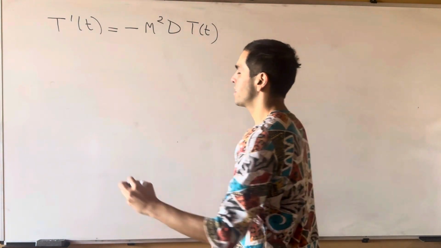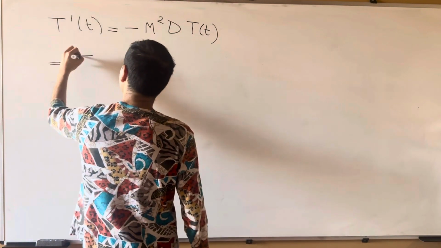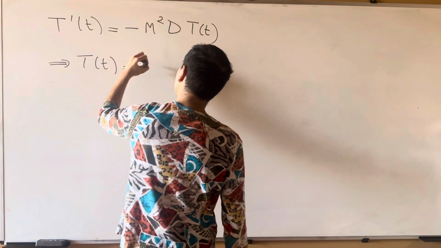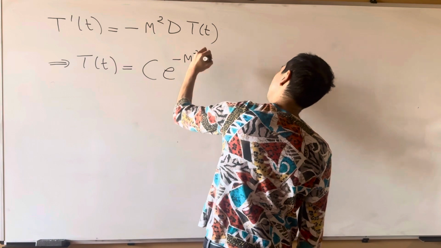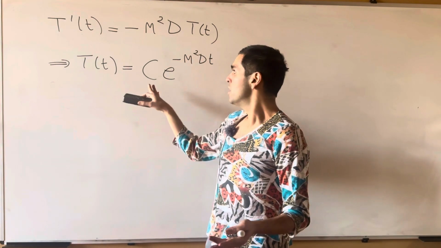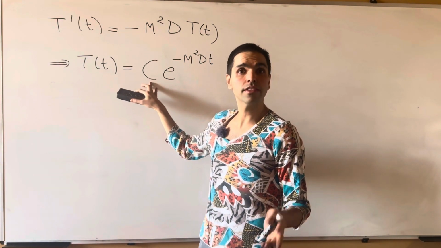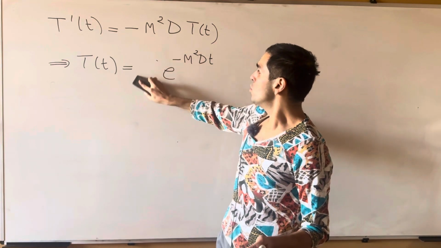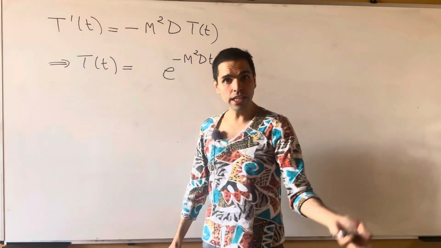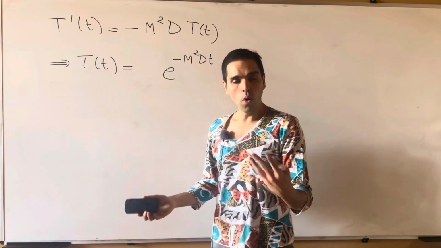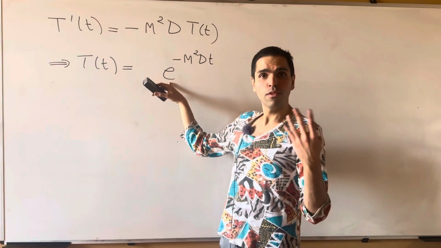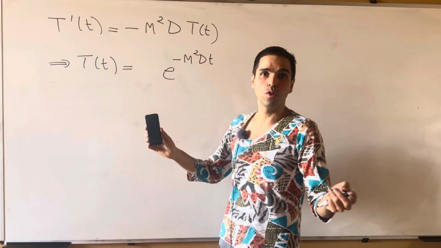And so in this case, t in theory would be c e to the minus m squared dt. Now here's the thing, we will ignore the constant for now, and the reason is we will reintroduce it later because we'll take linear combinations, or you can think of it once again as taking a basis of solutions.